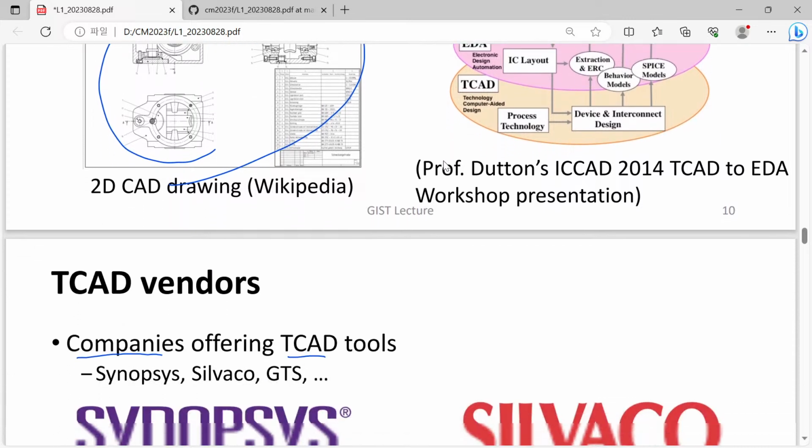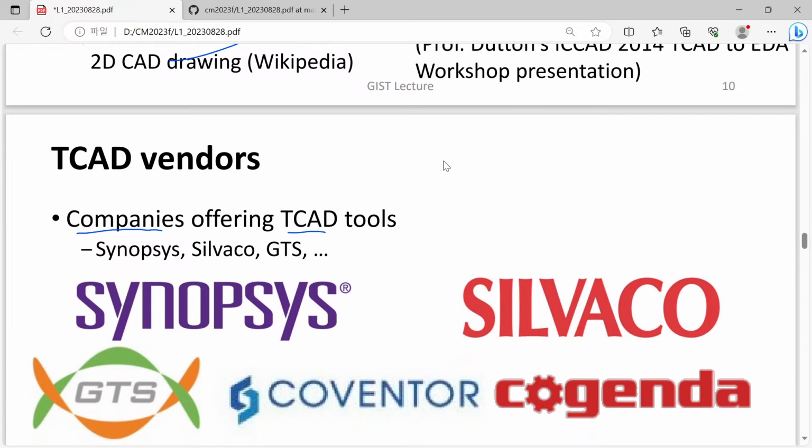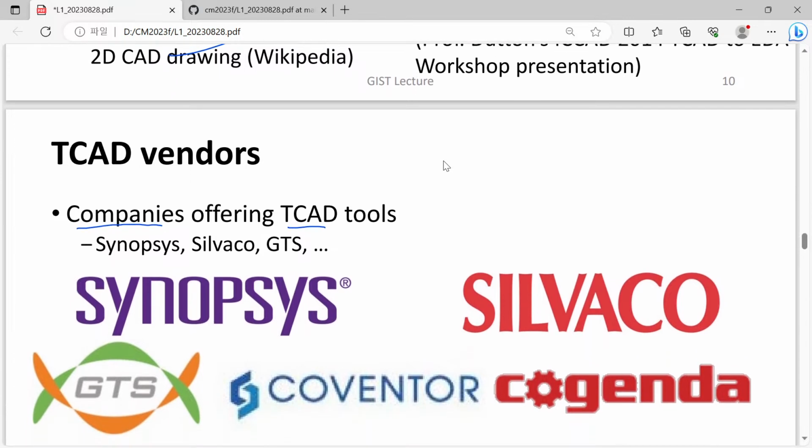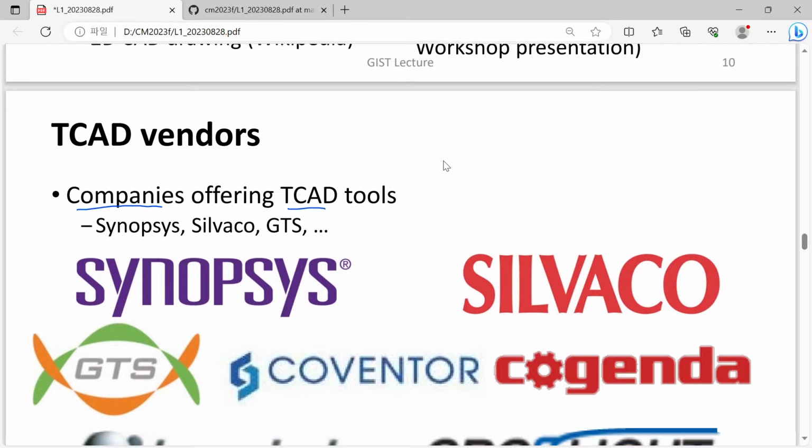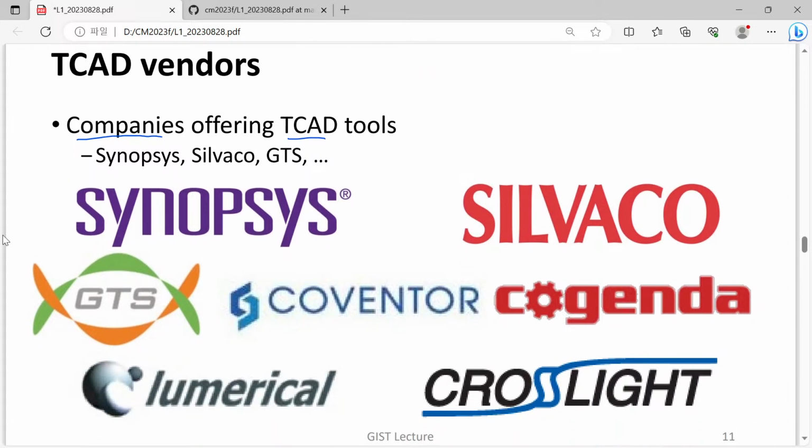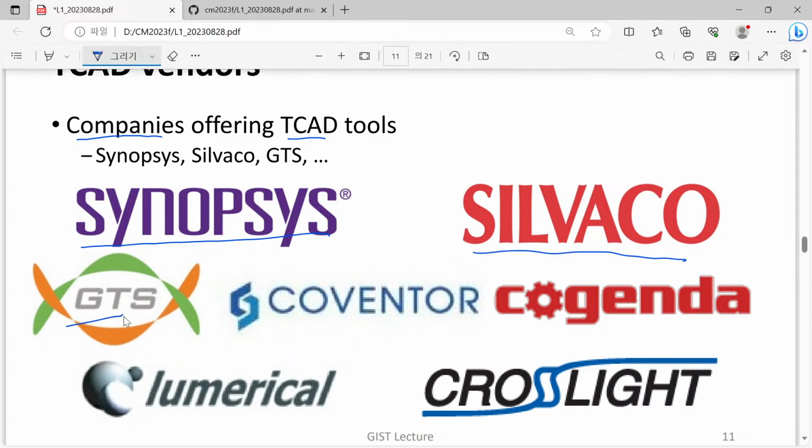So some companies sell their own TCAD tools with a very high price, and the most dominant one is of course Synopsys, and other companies like Silvaco or GTS. There are many companies.